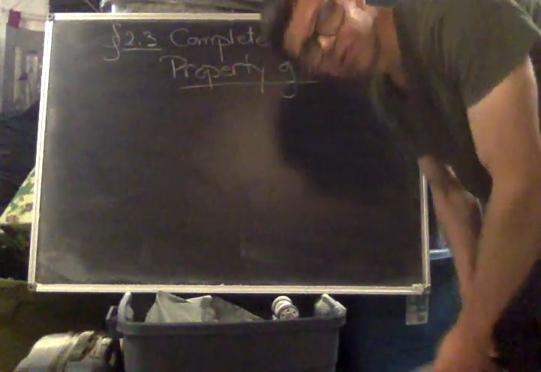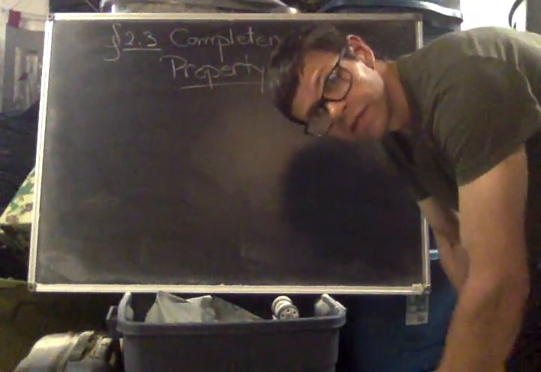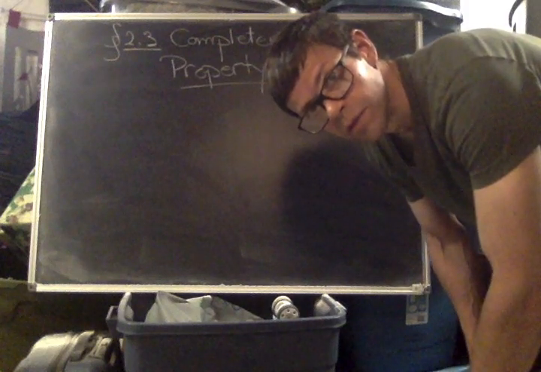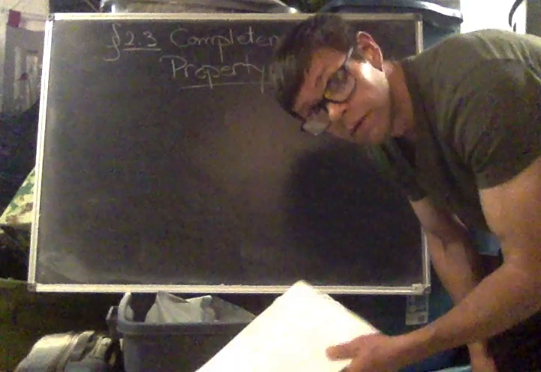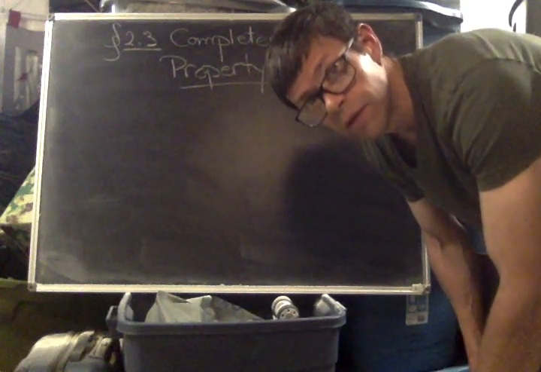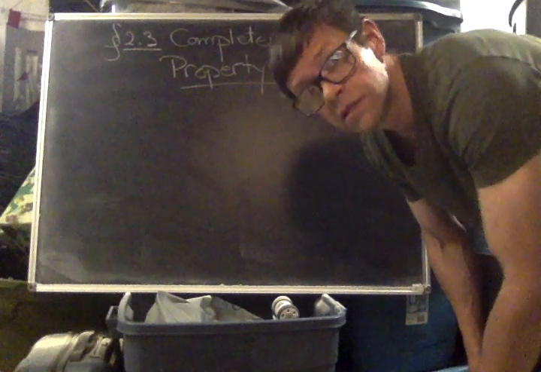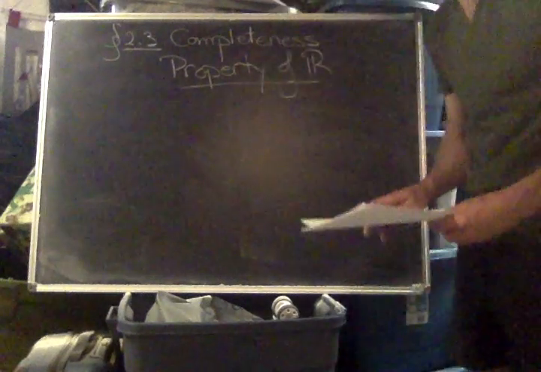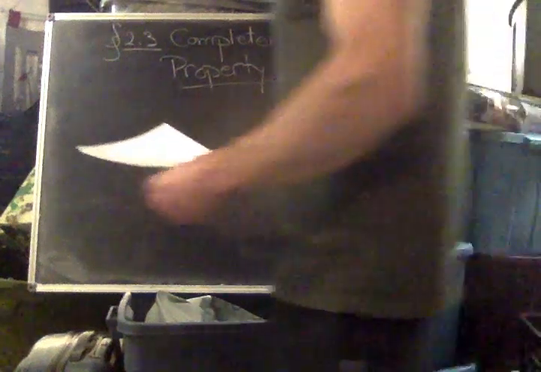It's what really differentiates it from, say, the natural numbers or the integers or the rational numbers, okay? It's this idea that you do have the notion of a least upper bound that just does not exist for, say, rational numbers. So first we'll start with the definition.